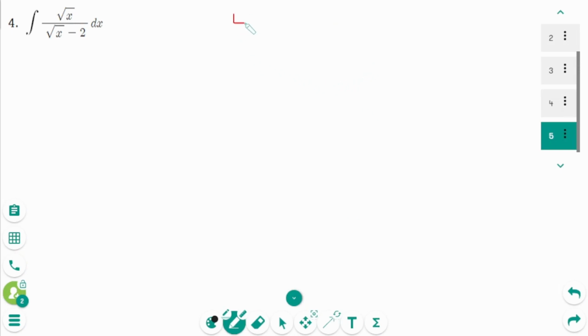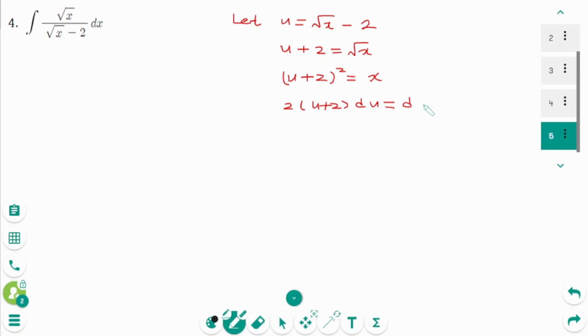Number 4, let u equal square root of x minus 2, then plus 2 on each side, u plus 2 equals square root of x, then square on each side, u plus 2 squared equals x, then derive: 2 times u plus 2 du equals dx.